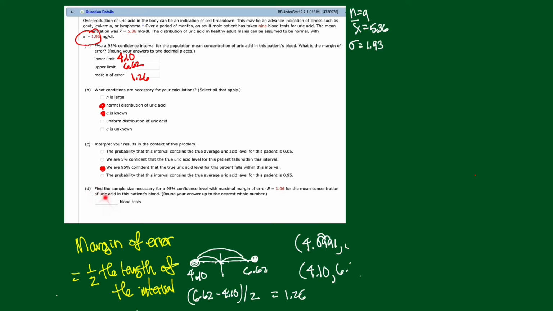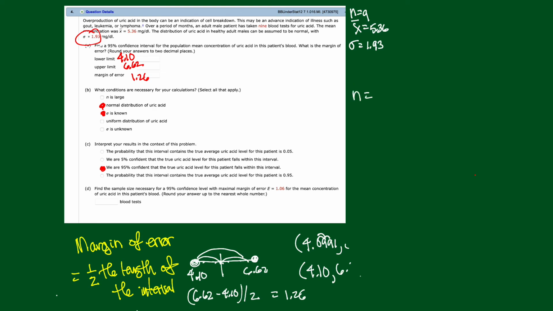Way down here in part D, we're asked to find the sample size necessary to construct a 95% confidence level with maximal margin of error of 1.06 for the mean. All right, so we have a formula for sample size for a mean, and it goes like this.